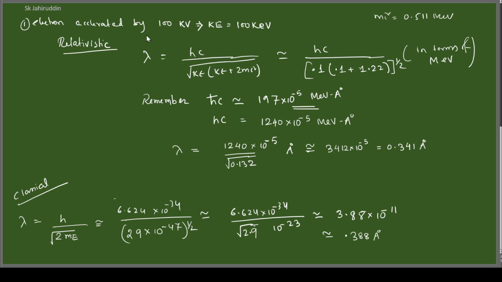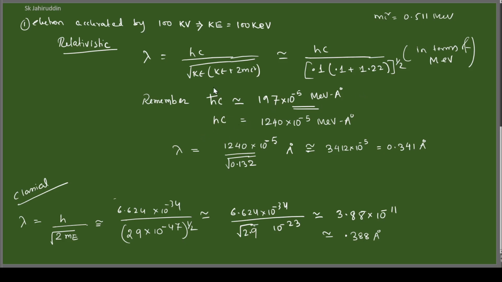In any relativistic calculation, I will use the unit MeV. So hc, you remember this result, it will be better. h bar c is 197 × 10 to the minus 5 MeV Angstrom. Means it will be 197 MeV femtometer, because 10 to the power minus 5 Angstrom is 1 femtometer.